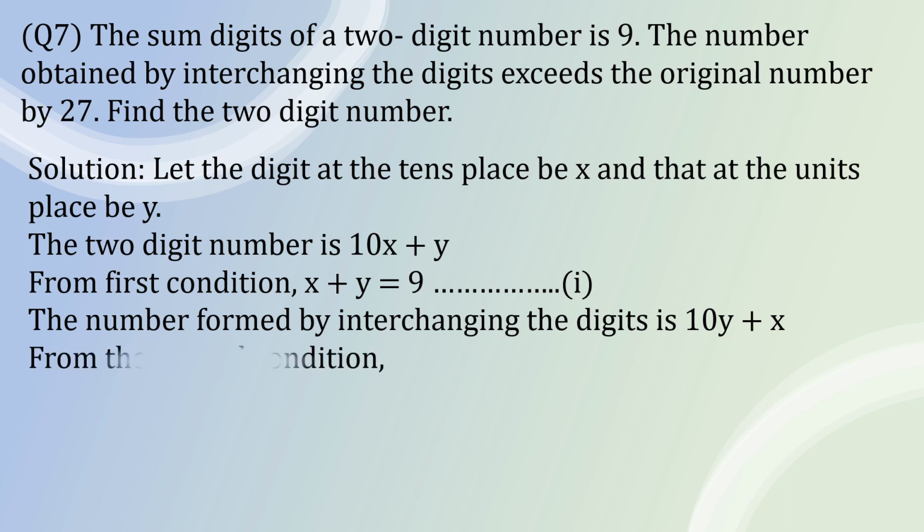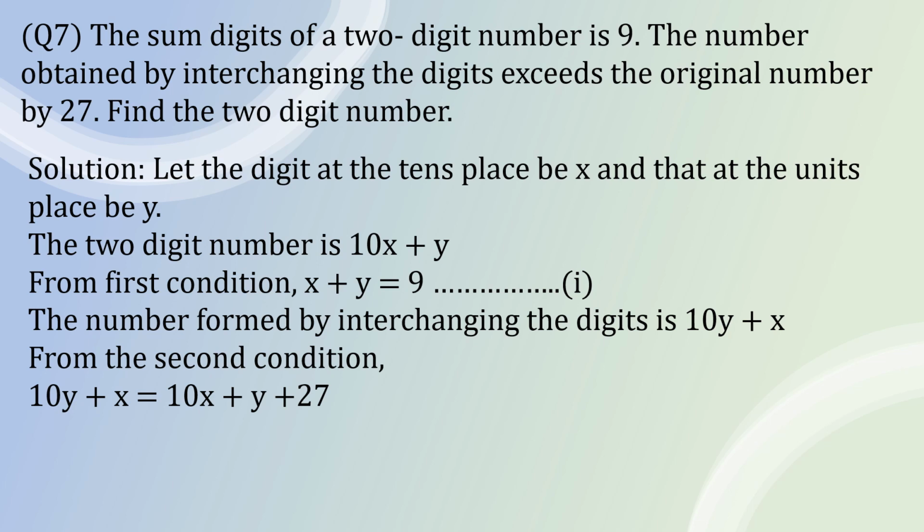Now we'll apply our condition. So from the second condition, 10y plus x equal to 10x plus y plus 27, because the condition is the number obtained by interchanging the digits exceeds. So the number obtained by interchanging the digits is 10y plus x. It exceeds the original number by 27.